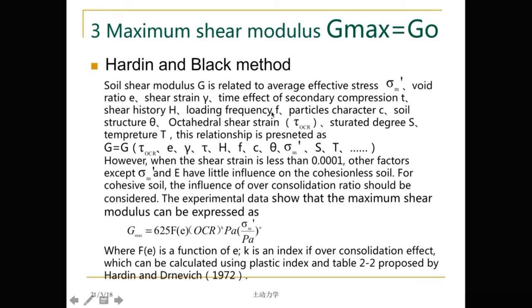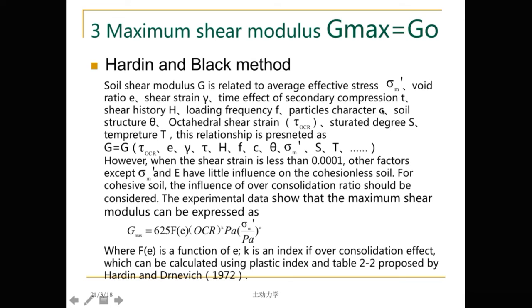Then we use frequency to describe the velocity effects. The particle characters are C. Usually this is for smooth round particles. The stiffness is different from that of sharp gravel soil.